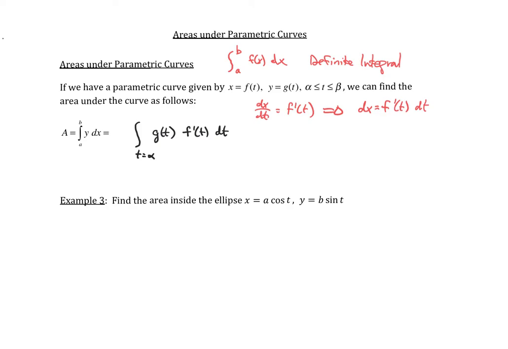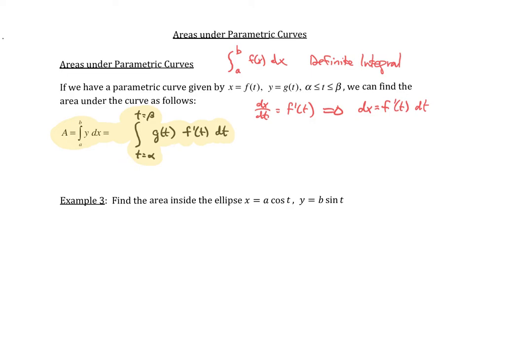And then the b is going to represent our terminal point, so I can obtain x equal to b by plugging in beta for t. So my upper limit of integration is going to be t equal to beta. All right. And this is my formula for how I find the area under a curve. So I'm going to highlight this formula. This is the area under the parametric curve.